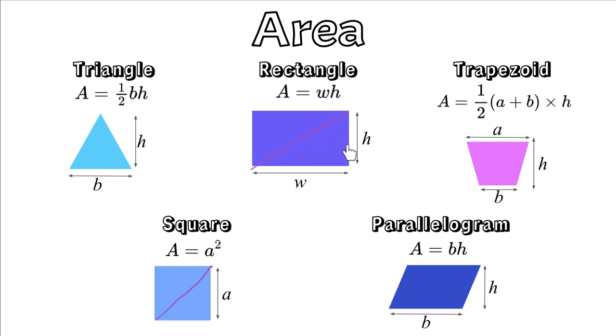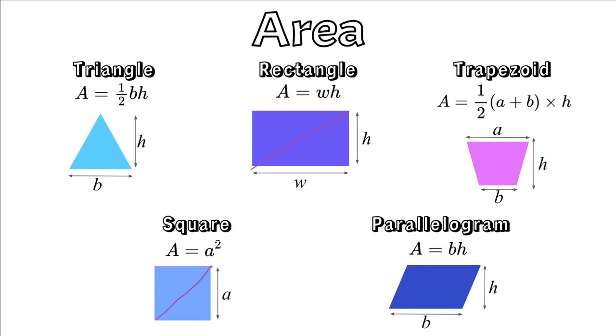And notice that we have a triangle and that is half of the rectangle. So that's where the triangle's area formula is derived from, the fact that it is half of the space that it would take up if we had two triangles that made a rectangle.